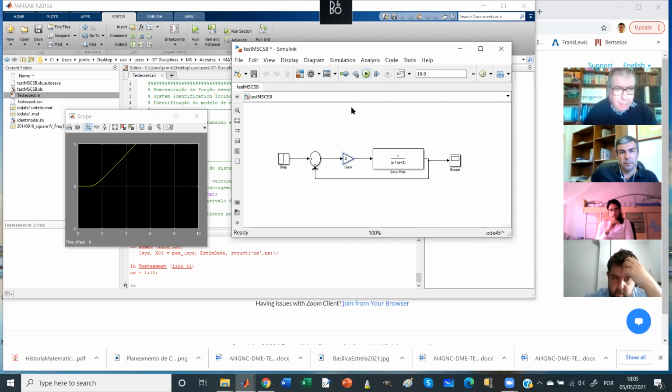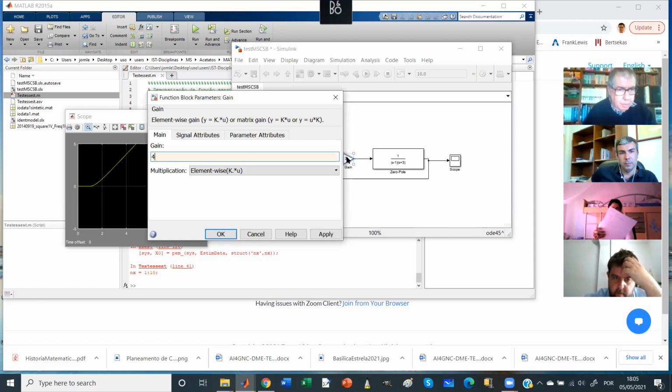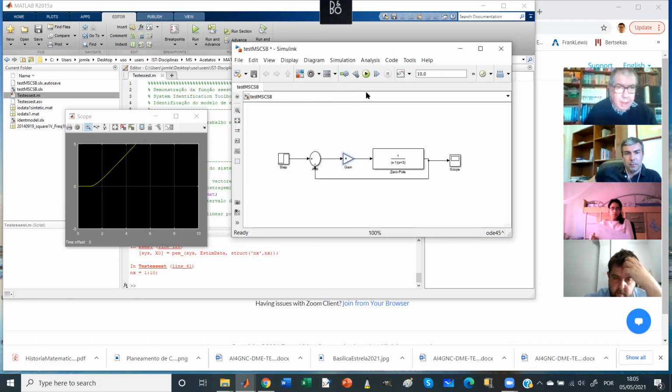Still unstable. Now use 4. Okay, now it's stable. And it does not oscillate. Let's do a longer simulation, say for 20.